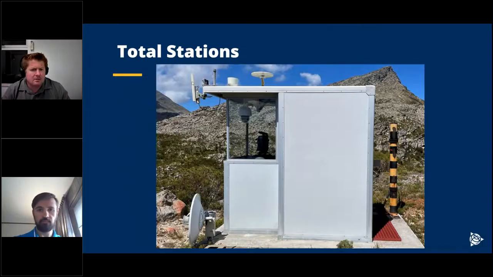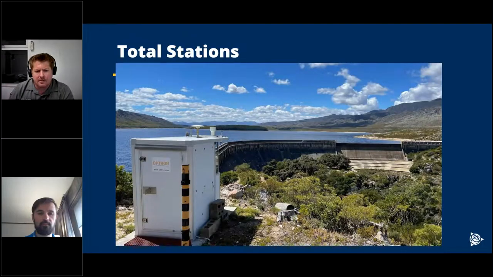We've got a weather station, Wi-Fi antenna, and also a GNSS antenna on top of the cabin, which monitors the long-term position of the cabin itself, as a second check on the total station position. That's a picture from the back, so there you can see it's facing the dam wall, and the prisms are installed all along that top edge at the back.